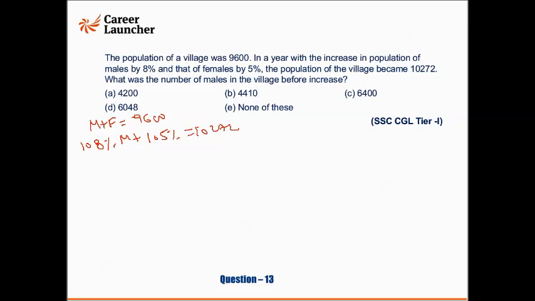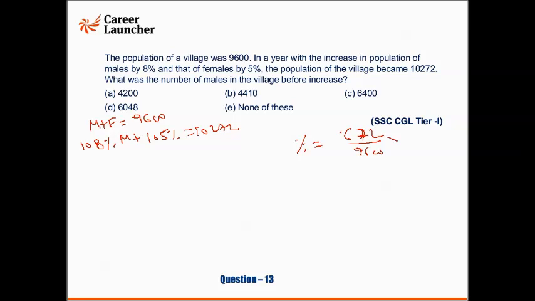See, initial population was 9600 and final population is 10,272. So there is an increment of 672. Okay, so if we need to calculate the percentage increase in the population, initially it was 9600 and later it became 10,272, that is 672, and initially it was 9600.